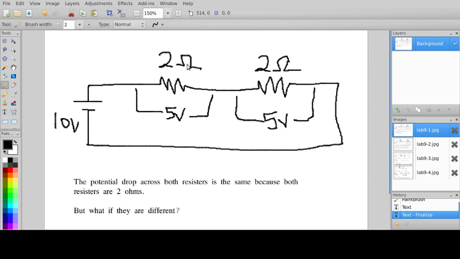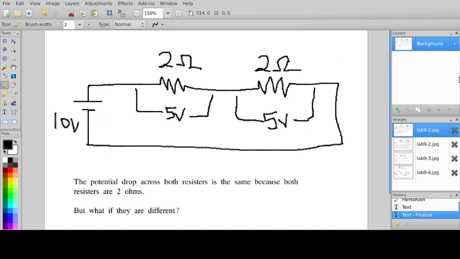So the sum of all the voltage drops across all the resistors has to add up to the 10 volts there. Otherwise it makes no sense. It's kind of like saying, I'm at the top of a hill and I walk down only 5 feet, and then I'm at the bottom of the hill, but the hill is 10 feet high. How can that work? So if you add up all the drops, they have to add up to the 10 volts. Okay, so that's the first point.